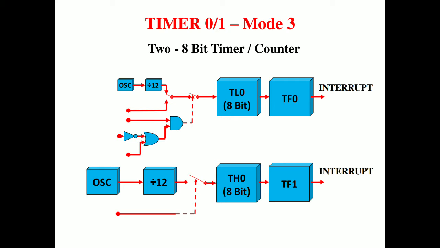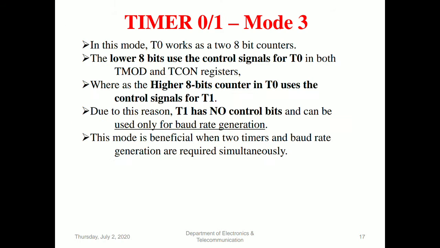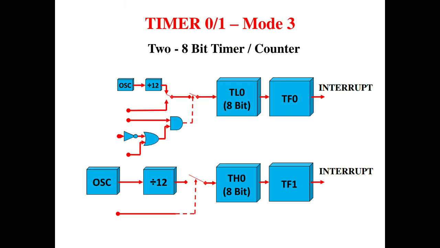You remember, the higher nibble part is related to the timer and the lower nibble part is related to the interrupts. So these 4 bits are utilized by timer 0 only, and that too using separate registers as separate timers.